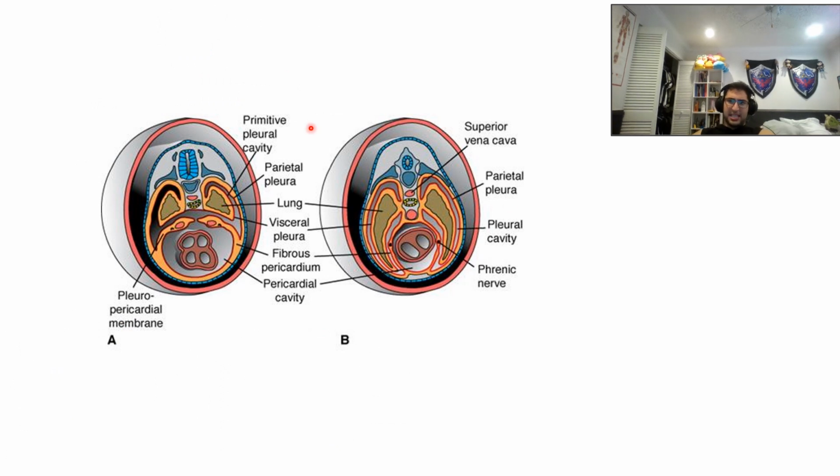There's not much that's high yield that I want to point out here. Really, just the fact that these pleuropericardial membrane folds are going to grow together, and that's going to form this area around the heart, and the phrenic nerve is going to be inside.